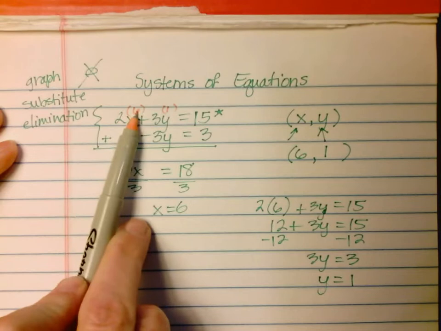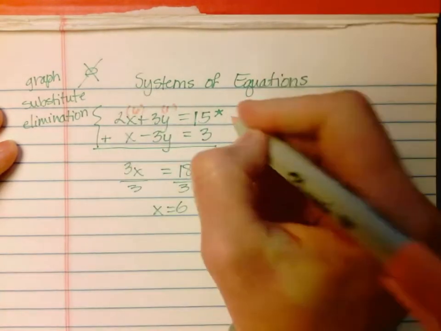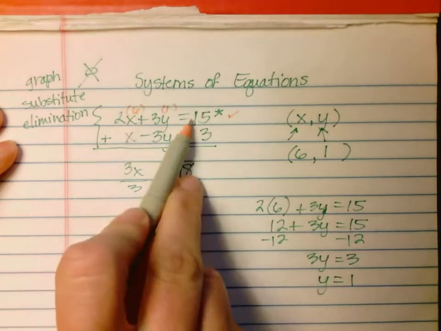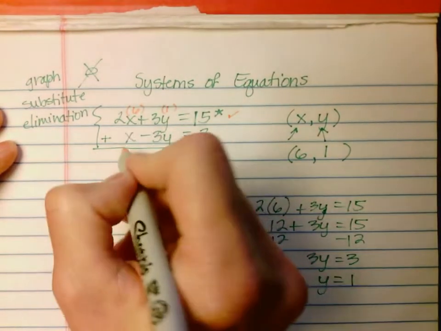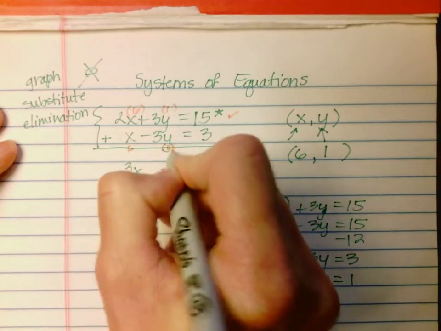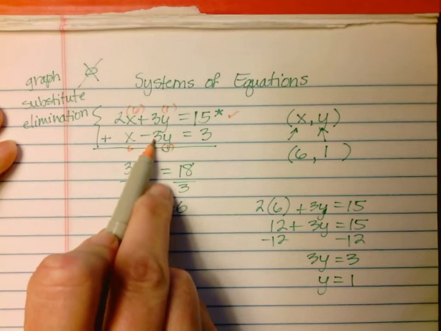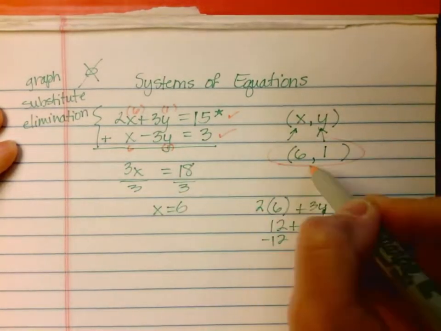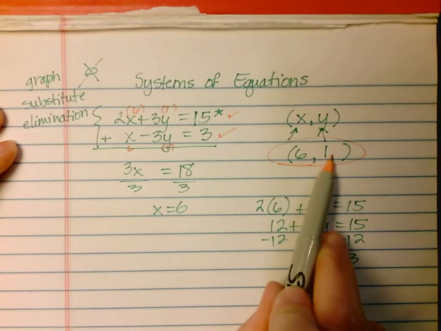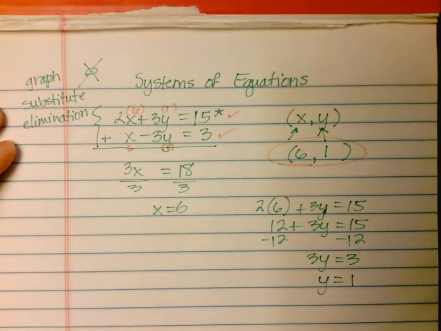Is 2 times 6 plus 3 times 1 equal to 15? If it is, then that is the solution to the first equation. But to solve the system, we need to make sure it works in the second equation as well. What's 6 minus 3 times 1? It's 3. So this ordered pair, when x is 6, y is 1, is the solution to our original system.